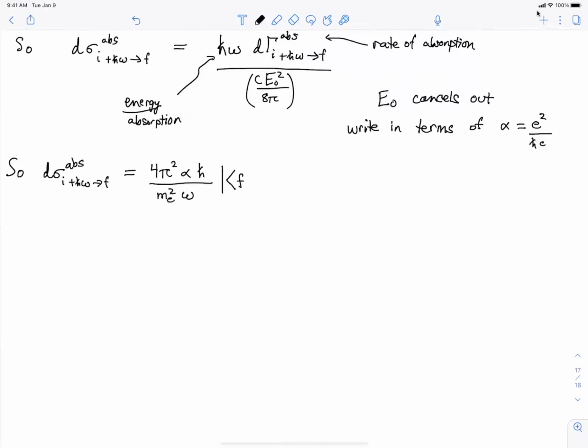We still have a matrix element to compute. We haven't been really talking about that, but eventually we'll have to worry about that. And then we have our density of states factor, which is the same as it was before. And we have our delta function. And we have our differential of energy.